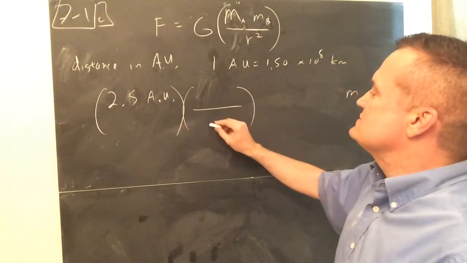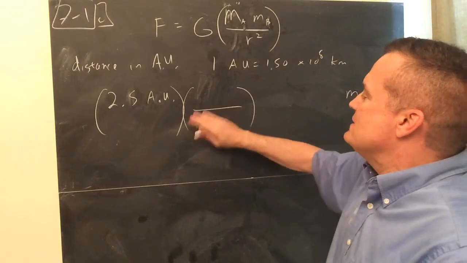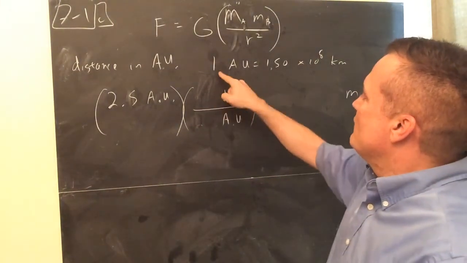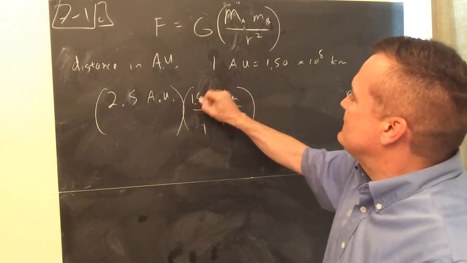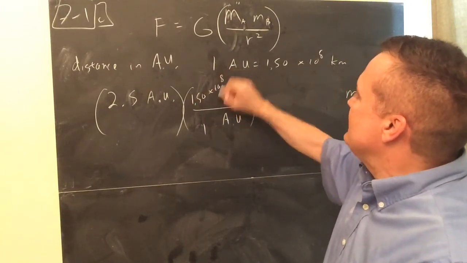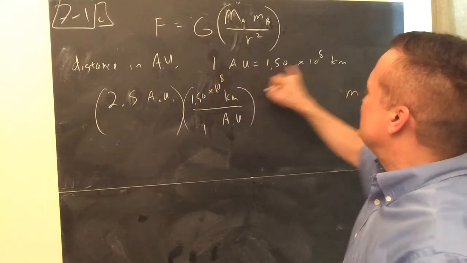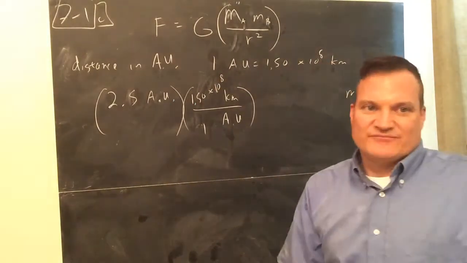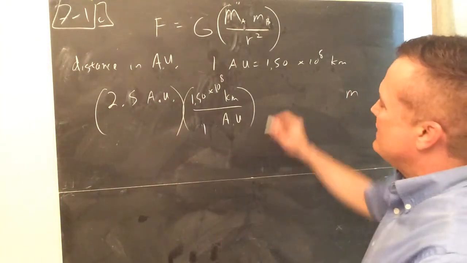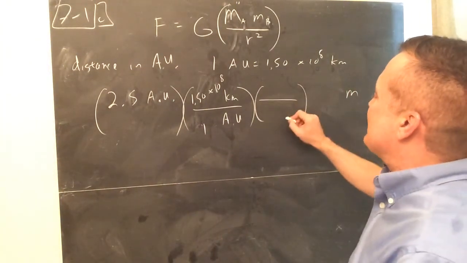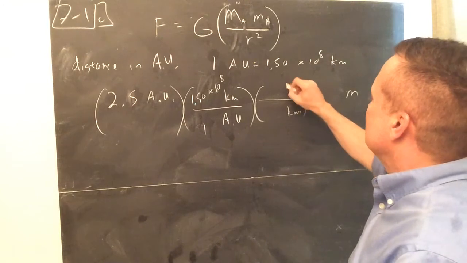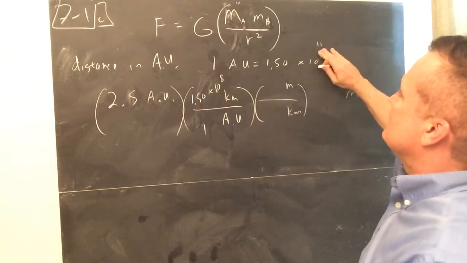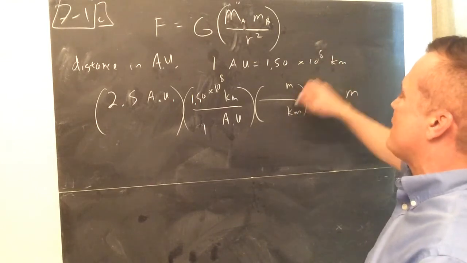2.5 AU. Well, from AU, I can go to kilometers with this. 1 AU is 1.50 times 10 to the 8. I should give it to you in meters. If it's that many kilometers, it'd be 10 to the 11th for meters. I did this on your worksheet. I think I probably got it from another textbook. I would say it's good to know 10 to the 11th. You're probably not even going to see it in meters, but we'll go with that one.